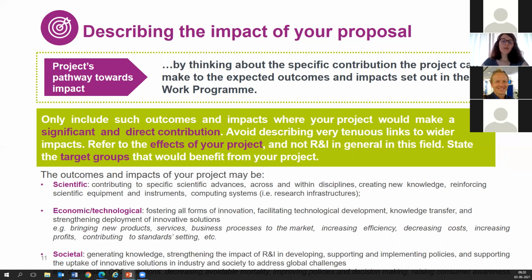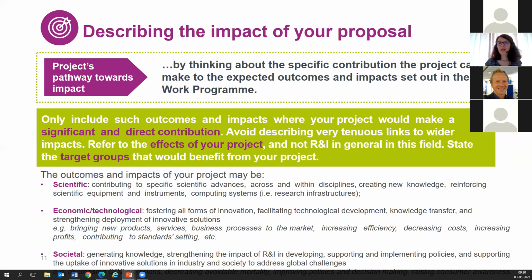The first thing that is required from you is to describe the impact of your proposal through this notion of project pathway towards impact. You will be asked to think about the specific contribution that your project can make to these expected outcomes and impacts of the work program.